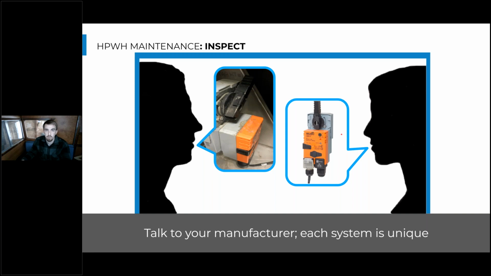So if the temperature set point of a heat pump is 140 degrees, this metering valve will only allow enough water to trickle through to allow that water time to rise up to a temperature of 140 degrees. And so if this valve's not operating correctly, you'll either see a variance in water temperature, or you'll see it not be able to hit that set point, and therefore your pressures will get all out of whack as well.